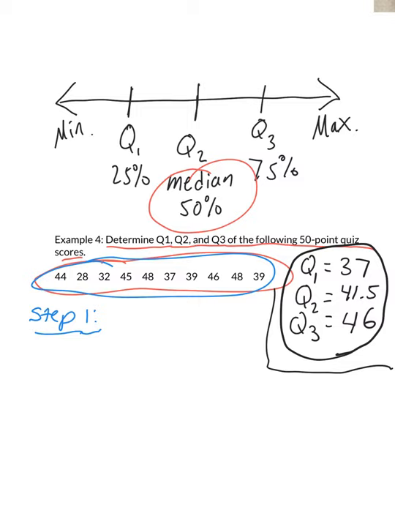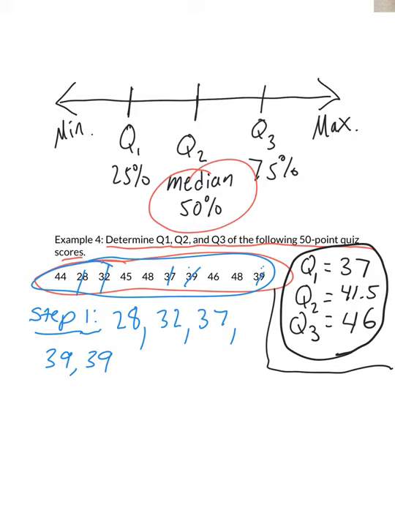So as I skim my data points, 32 is the smallest. Oh, no, sorry, 28 is even smaller, which is beside it. So 28, comma, then 32. I see a 37, comma. I see two 39s, so 39, comma, 39, write them both.